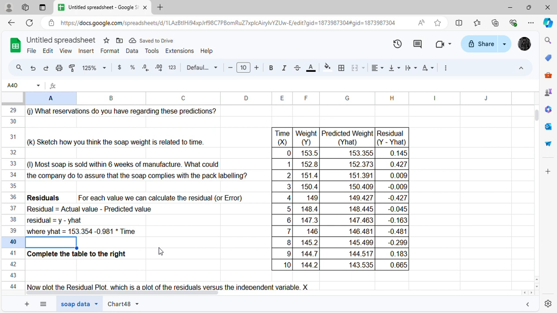Complete the table to the right. So time values are given, and we could add even for 20. Let's say 20 as well.